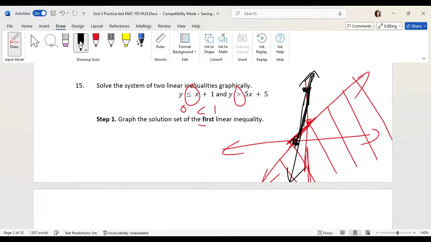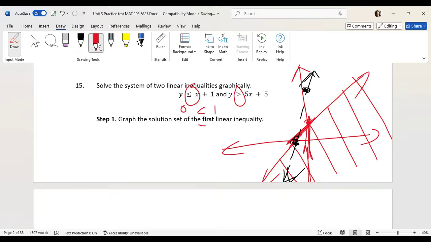Another thing is that I have to pick a point to test. So I use a broken line because the inequality has greater than only. Then I pick the point 0, 0.